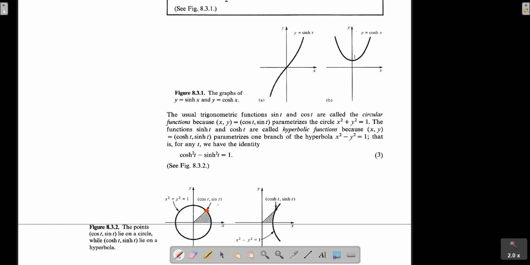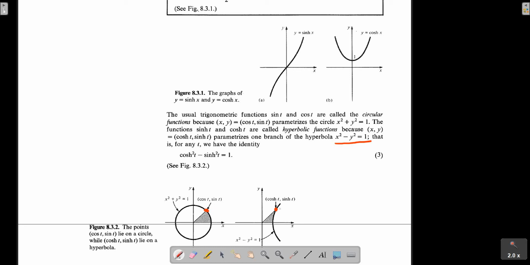Similarly, there is a relation between the hyperbolic functions and the hyperbola, that is x square minus y square is equal to 1. Consider the hyperbola x square minus y square is equal to 1. So take any point here. Any point on the circle is parameterized by cos t and sin t.